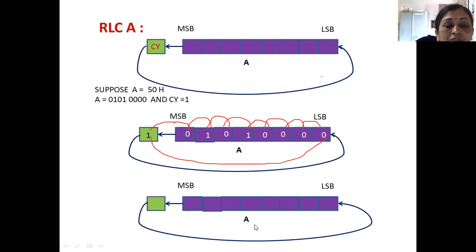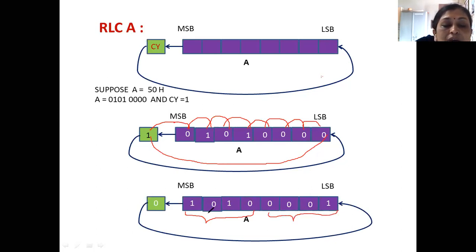Now let us see how this happens. Here you will have 0, 0, 0, 0, then here 1, here 0, here 1, and this will become 0, and earlier there was 1 here, and this 1 will go to LSB. Now what are the contents of the accumulator? We have two nibbles: one is 1010 and another is 0001.